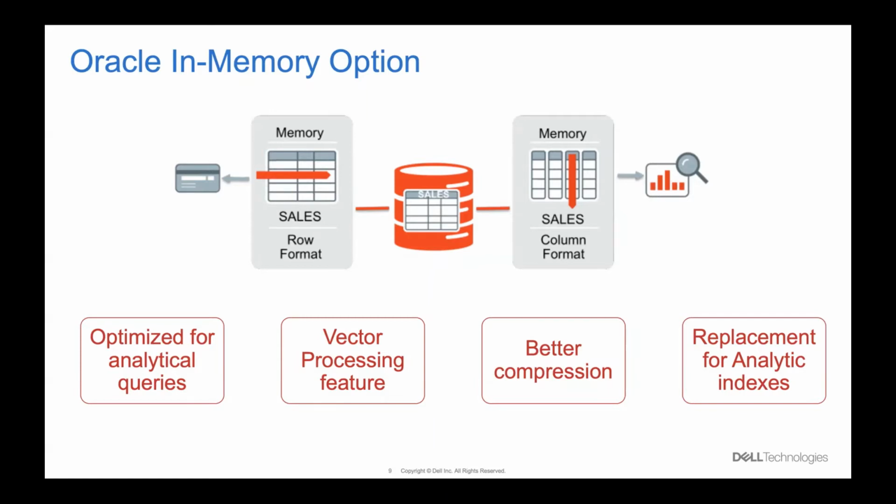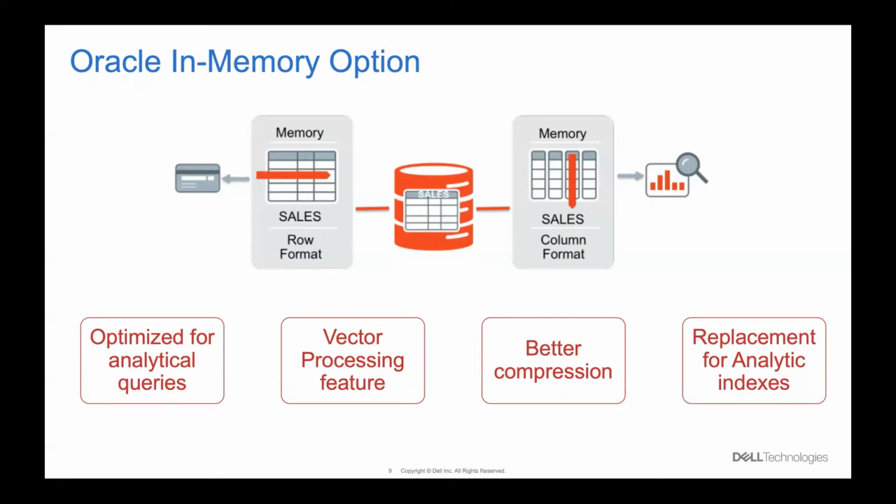There are two things which really help in terms of the database. First, it's the vector processing feature. That means that with the in-memory option, the CPU is able to perform matrix operations within one cycle. Practically, that means that if you have a SQL statement with a where clause, that statement can be processed in one CPU cycle. That means that our analytical operations become much quicker.